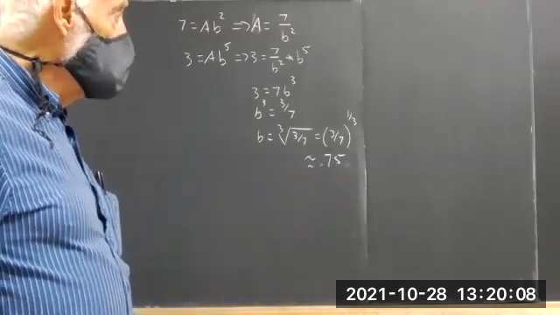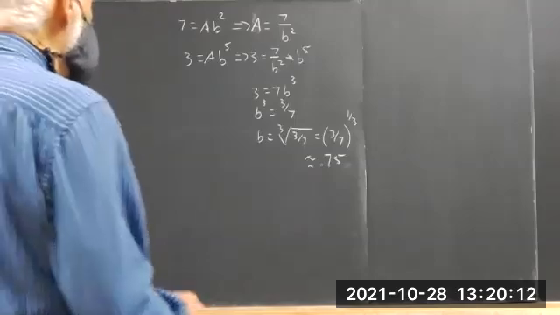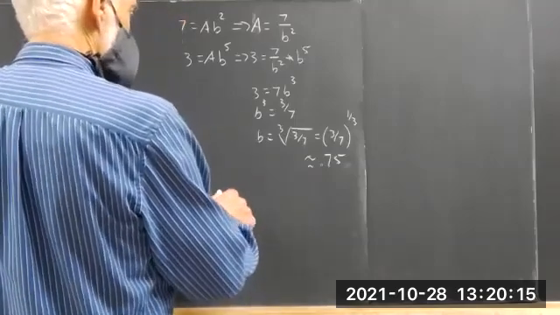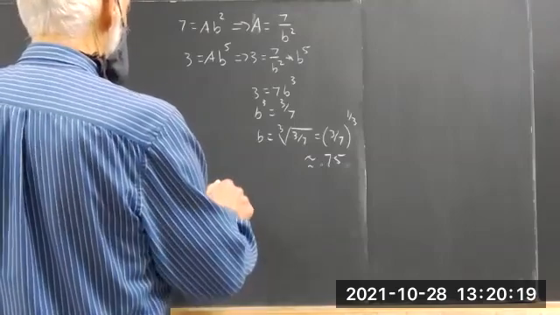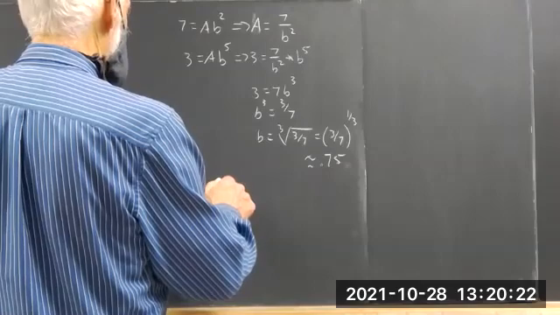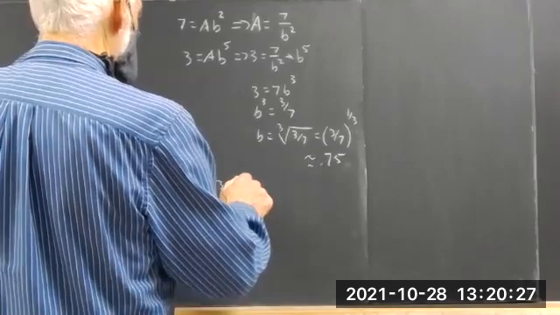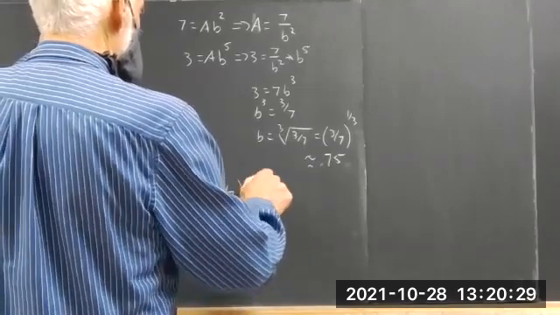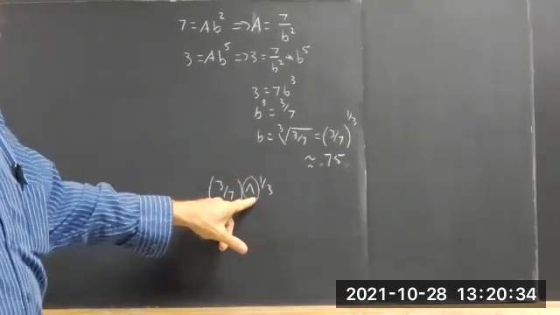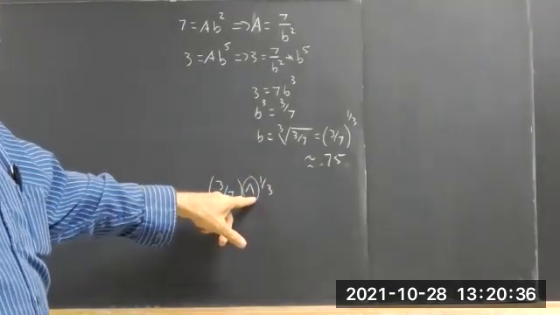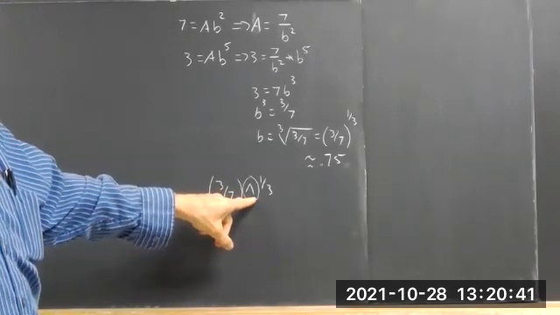Then you get 0.75. Now I think that the Casio calculator will do that if you just do 3/7 raised to the 1/3 power. I'm not sure it'll do this, but you use the raised-to-the-power symbol, which you should be familiar with because that's what you use in your calculator, right?